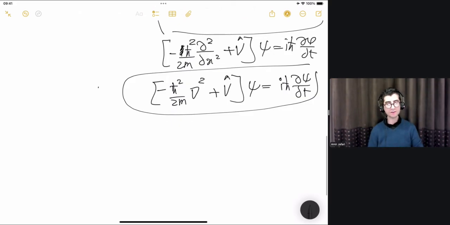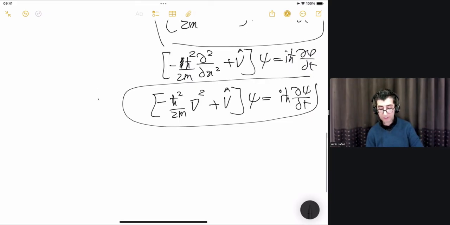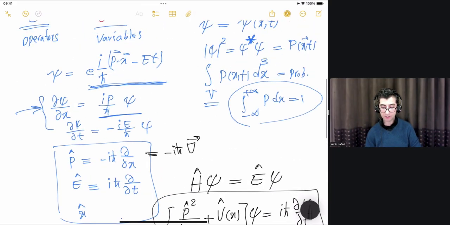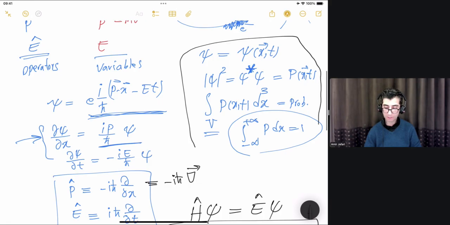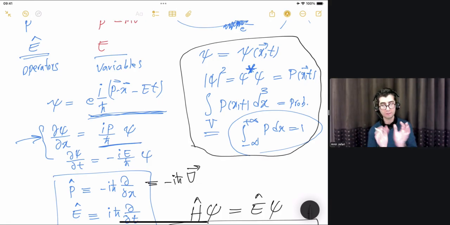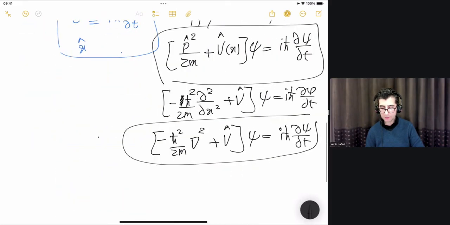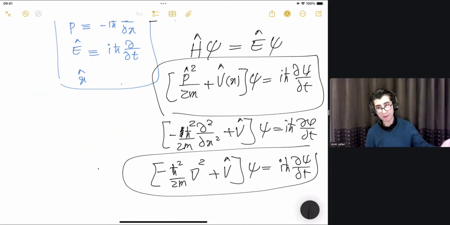So you solve this equation for psi, for any system, for example, the hydrogen atom, and you get the wave function. And the wave function psi gives you the probability of finding the particle at any given volume V in space. And using this formalism, you can get the energy eigenvalues, the allowed energy levels of the system.